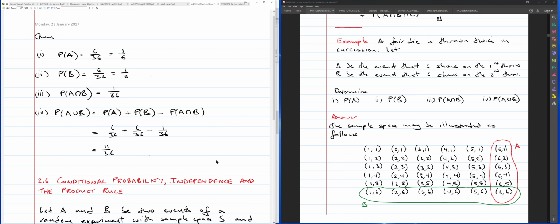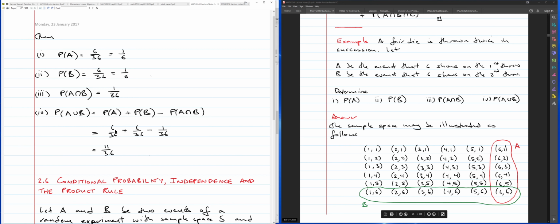Now the probability of A is giving me the probability of this event occurring, which is 6 on 36. The probability of B is the probability of this event occurring, which is 6 on 36. But you really can't just add both of these and expect to get the correct answer, because what you're doing is double counting this (6, 6) here. Because you don't want to double count, what you did is count this (6, 6) twice, so you need to subtract off your double count over here.